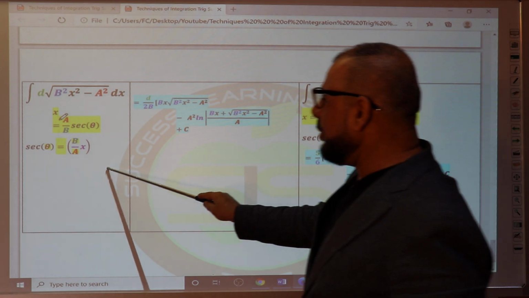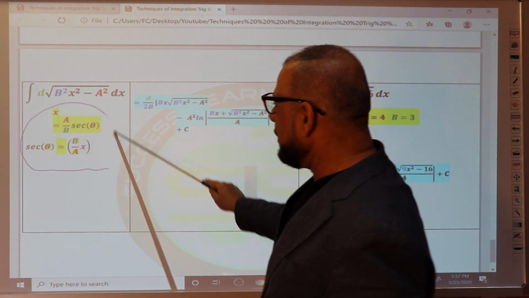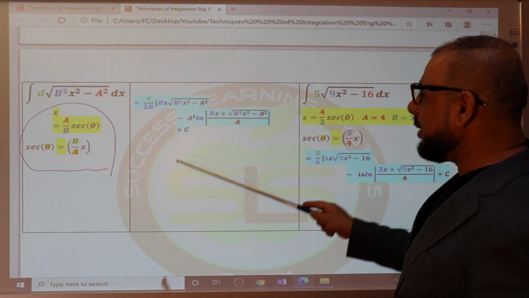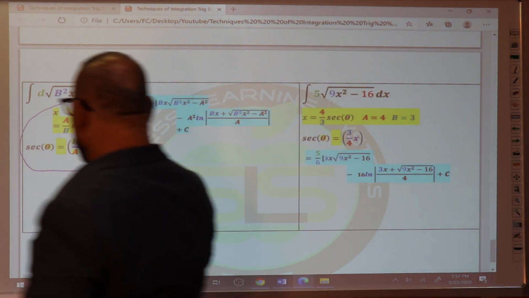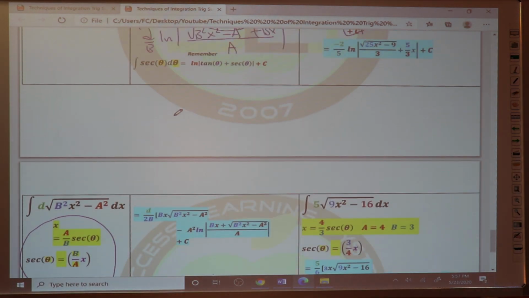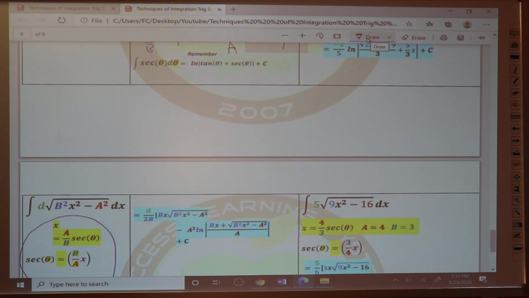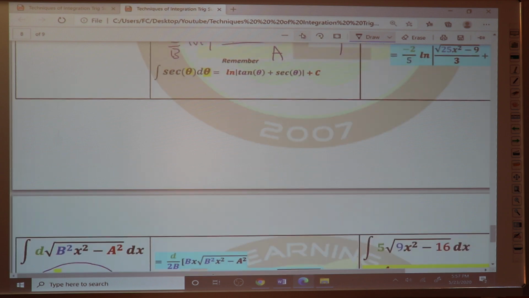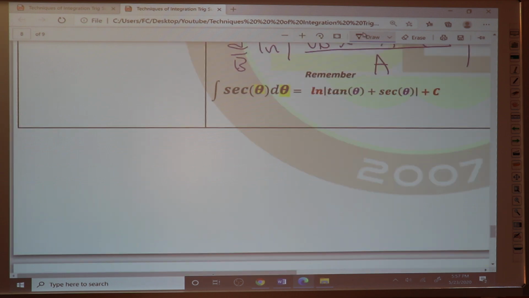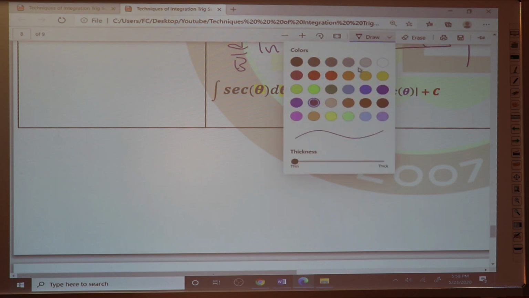It's easy to use the trig substitution and follow the direction, and remember always that ln of secant theta integration. Remember this all the time.